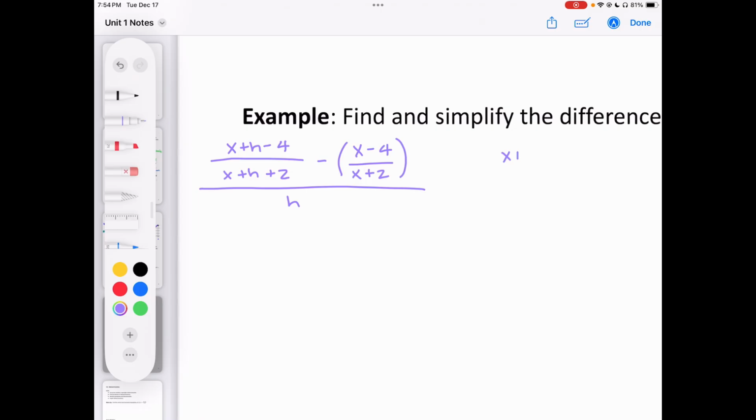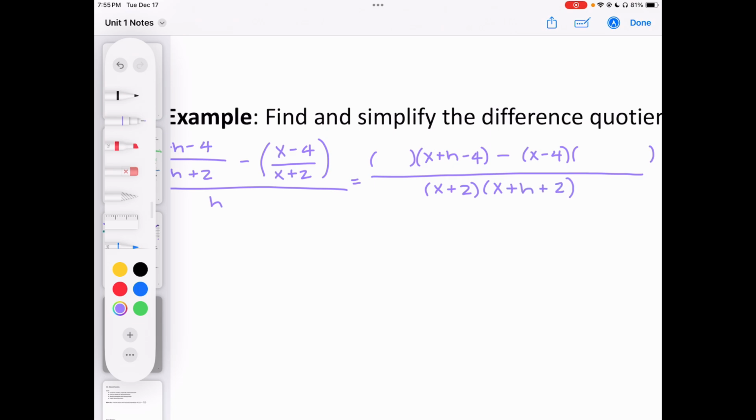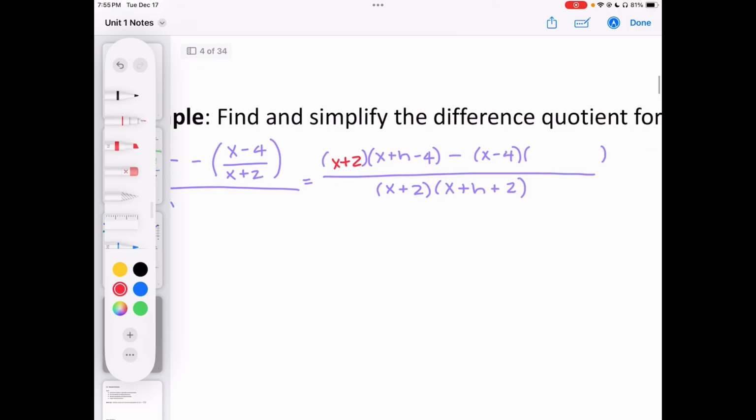So I'm going to have x plus h minus 4 times something minus x minus 4 times something, all divided by x plus 2 times x plus h plus 2. Okay, so in red, I'll go ahead and write what I'm multiplying by. On the left, it'll be x plus 2. On the right, it'll be x plus h plus 2.